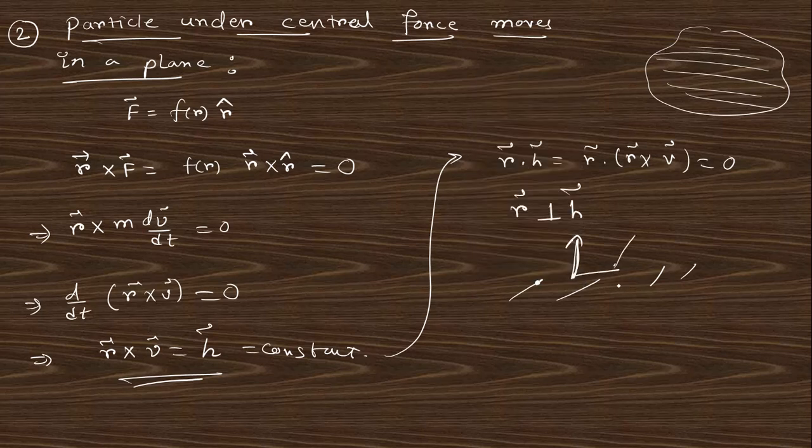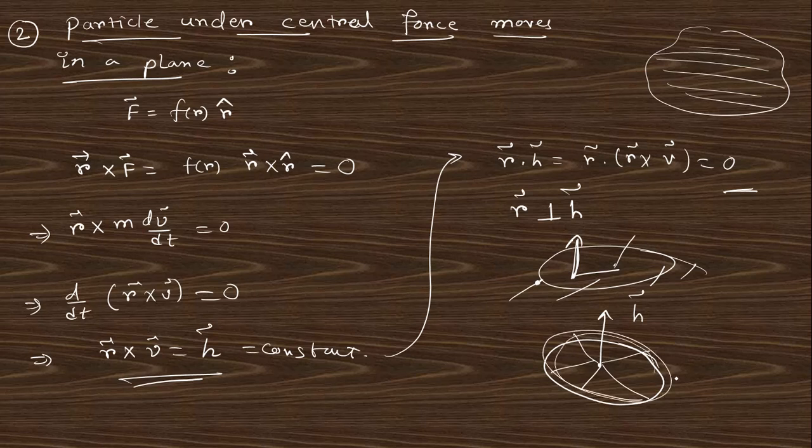That means it follows a single plane. This is only possible when h is a constant vector and r is always perpendicular to h. That means the particle moves in a plane. I think that is clear. This is the second property of the central force: a particle always moves in a plane.